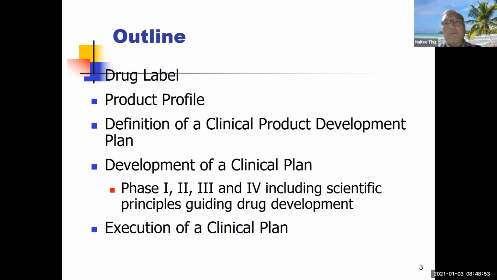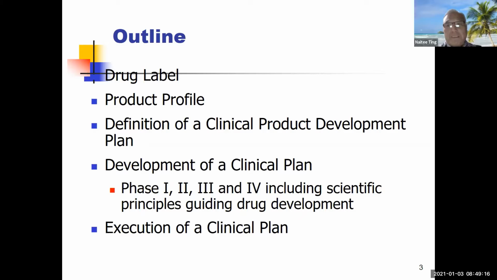The second purpose of the drug label is marketability. When the drug is approved, the company wants to market this drug. How do they market? They will have to have all kinds of commercial effort, and they have to position this drug and everything like that.